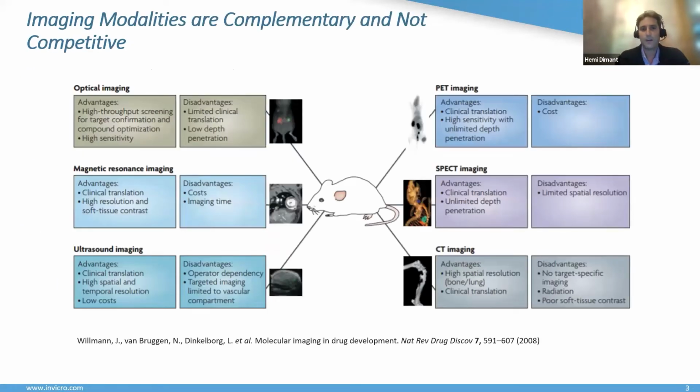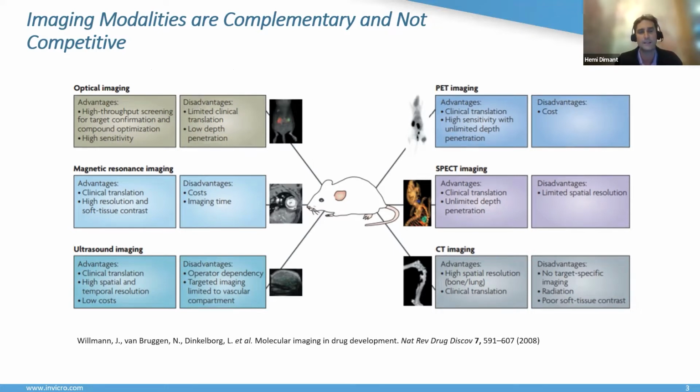So you can see here, listing out six very common imaging modalities for rodents in preclinical work. I'm not going to go through these. You see they're listing advantages and disadvantages. And really the point of this slide is to emphasize that each imaging modality has its advantages and disadvantages.